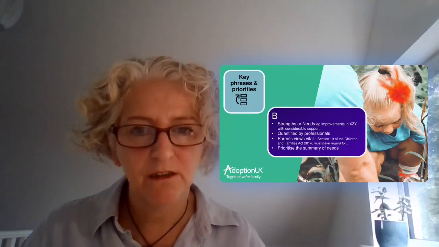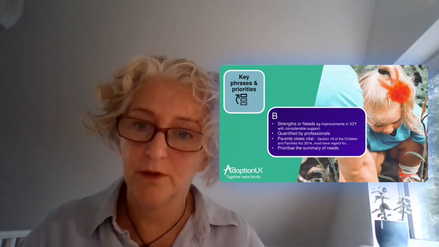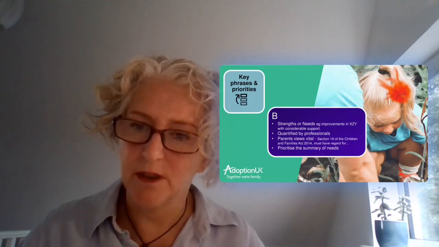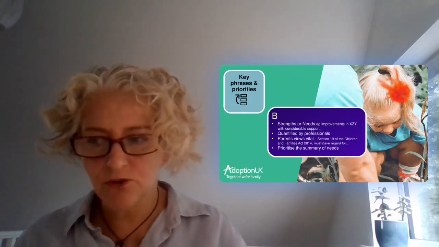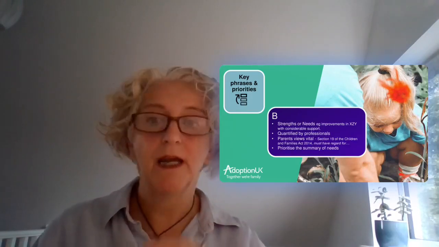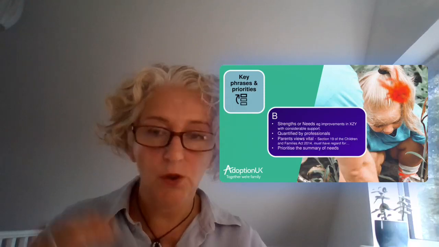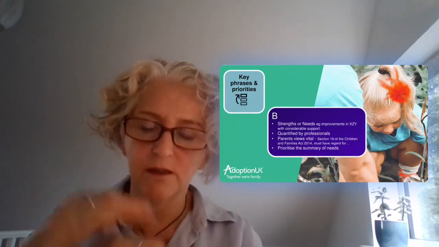Well, is that a strength or is that a need? My child needs considerable support with their writing. As much as we want to see strengths, if they are a need, list them as a need. It's okay just to see a few strengths, but this document is about the need that your child has, the support that they need.